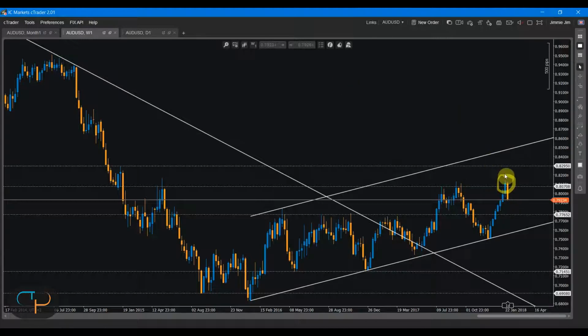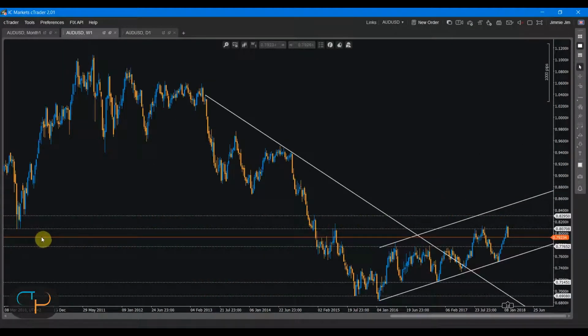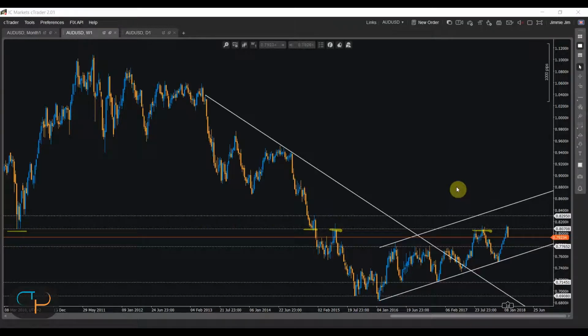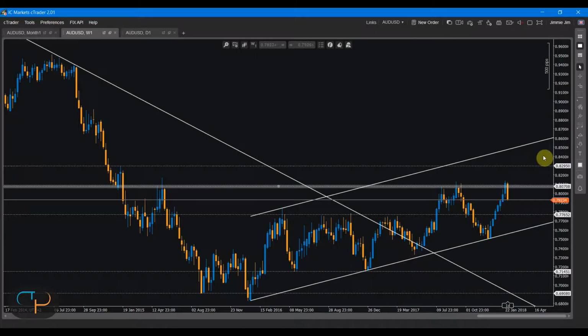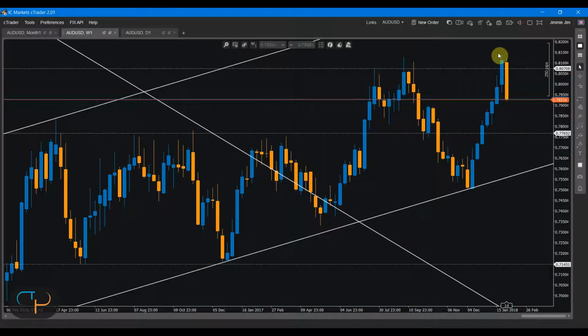Price failed to stay above this 0.8070 level, which is actually the psychological correspondent of 0.81, which is an important level if we take into account the history. And if we look closely, here we have a bearish engulfing pattern.